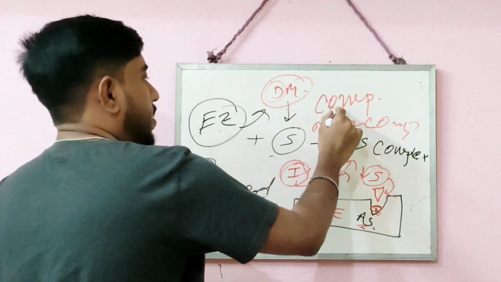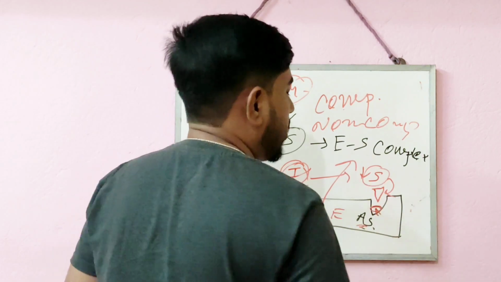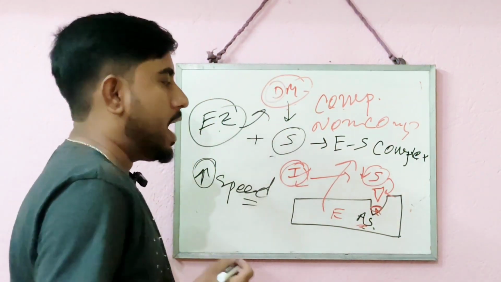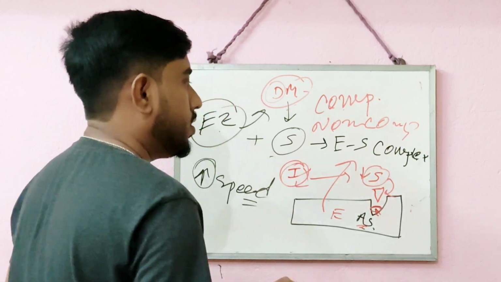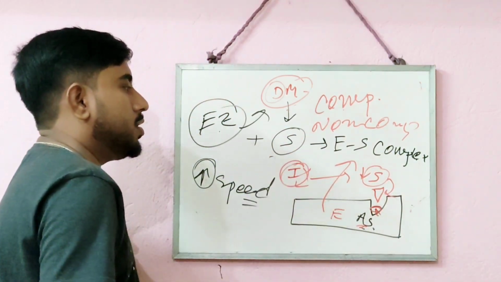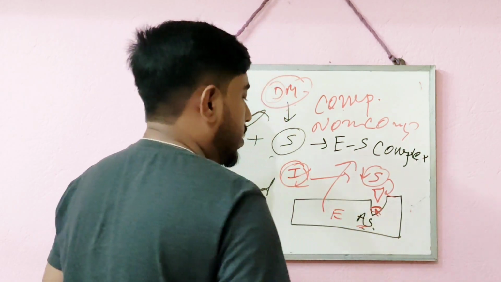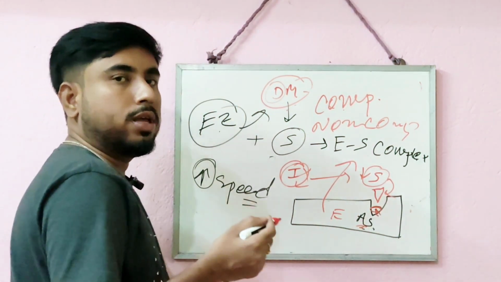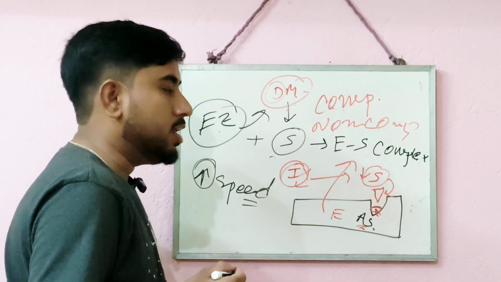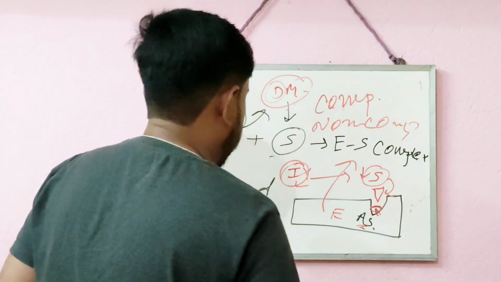So by competitive or non-competitive, if it is competitive, inhibitors and substrates will fight with each other, and then they will sit on that active site of the enzyme. And if there is no inhibitor, then substrate without any competition will sit into the action site of the enzyme, and it will help that drug in showing its particular desired action when it goes to its desired site of action.